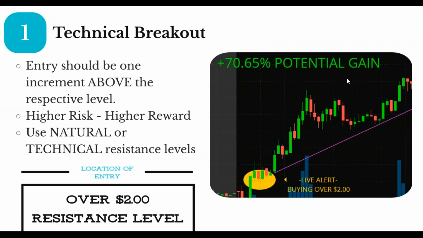So for one, talking about the technical breakout, the entry should be one increment above the respective level. Here in this chart, we can see that I was buying over $2 on the technical breakout on that natural level of resistance over $2. It ended up being a parabolic runner on the day. It's a little bit higher risk, technical breakouts compared to dip buying.